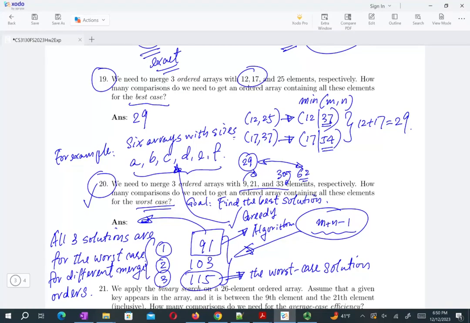You only need to do it in one certain order. That order is given by the greedy strategy, and you can get the best worst case solution.